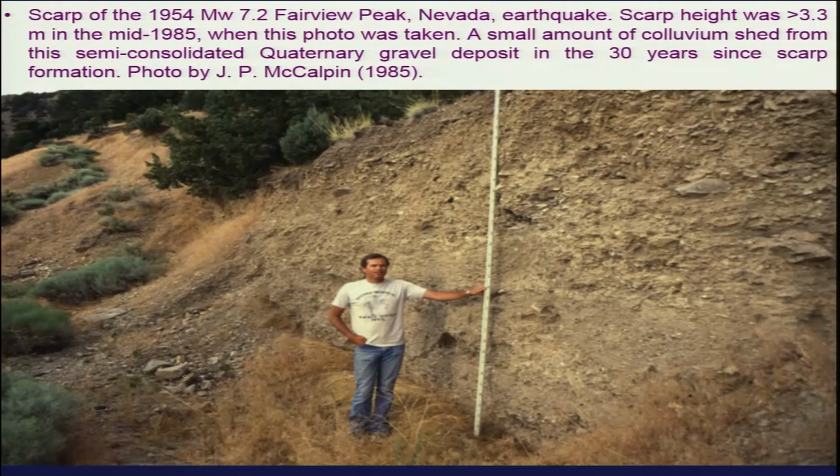So what you see is the scree material here, and that is your colluvial material which has been deposited because of the erosion along the scarp. In coming lectures we will also discuss the importance of this colluvium which has been produced or shed from the fault scarps. So this is not a very old fault. It's the 1954 scarp, and the scree material has accumulated in the period of 30 years.